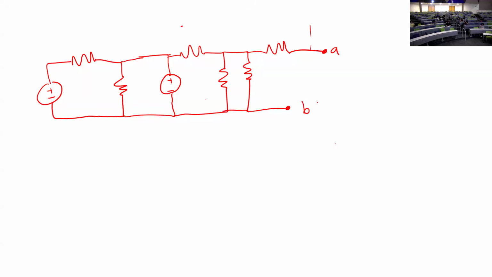Say maybe here is actually a super complicated second circuit with current sources and resistors, and maybe there's a capacitor and an inductor, and it goes crazy over here. I just have to draw that line, and then I can do the Thevenin equivalent for whatever's on the other side.